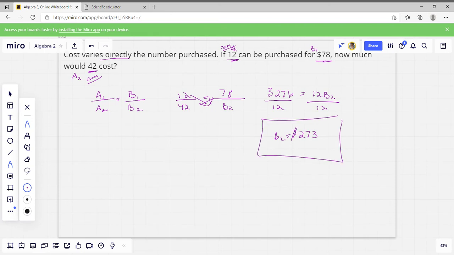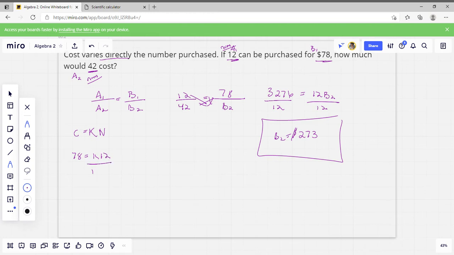Pretty easy. If we're going to do it the other way, we would say the cost varies directly to the number. If the cost is $78, we'd have K times our number, which is 12.